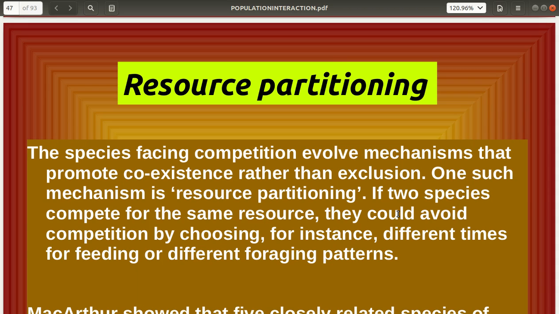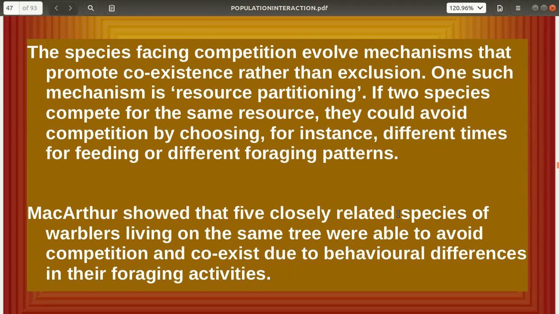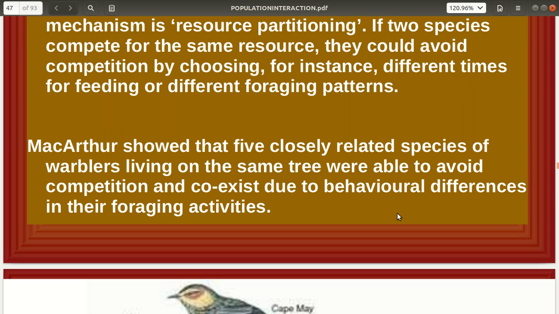If two species compete for the same resource, they could avoid competition by choosing, for instance, different times for feeding or different foraging patterns. MacArthur showed that five closely related species of warblers, which are birds, living on the same tree were able to avoid competition and coexist due to behavioral differences in their foraging activities, that is, going for the food.